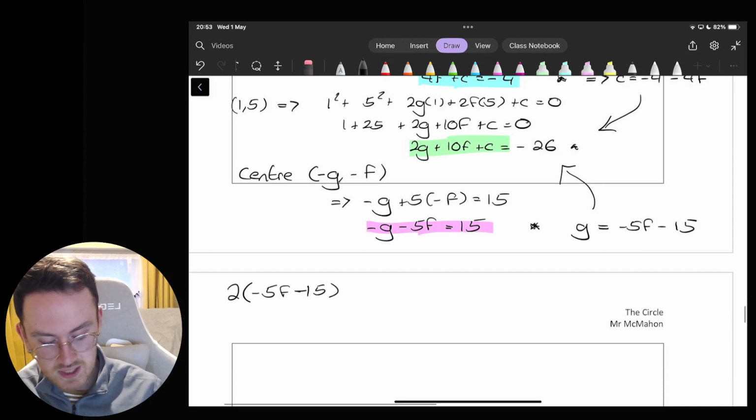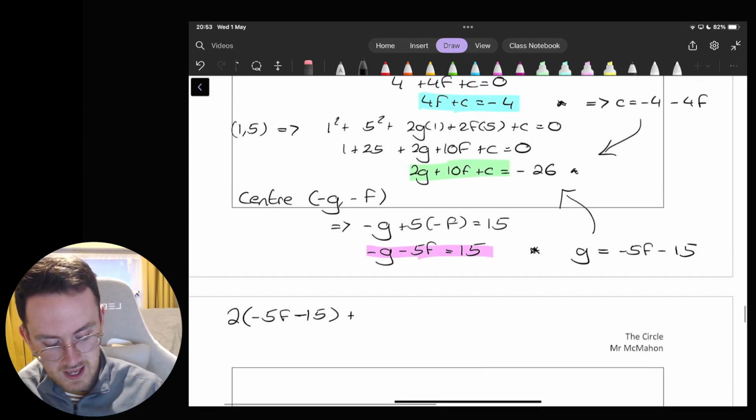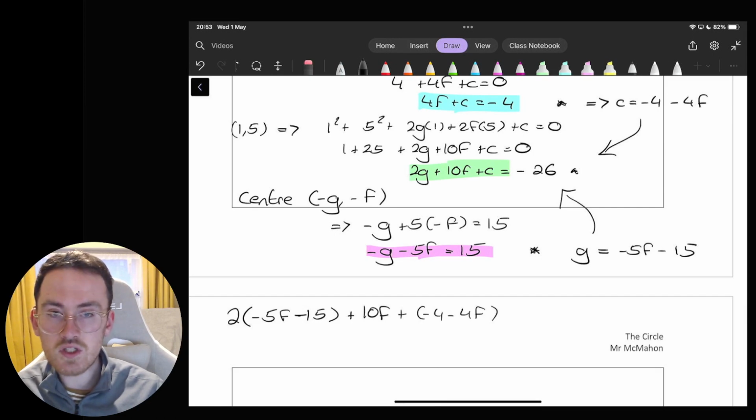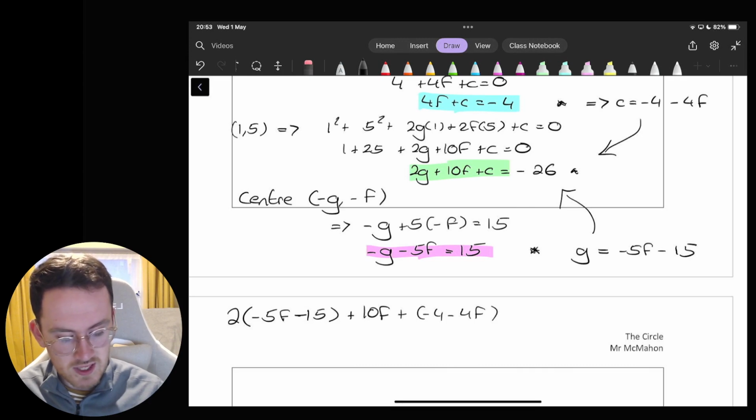So I have 2 times (minus 5f minus 15) plus (minus 4 minus 4f). We're solving by substitution as opposed to elimination here, which would be our normal simultaneous equation. If we didn't want to go this way, we would still rearrange that blue equation and sub it into the green one to eliminate c, and then do a simultaneous equation. But we might as well just go the full length here.